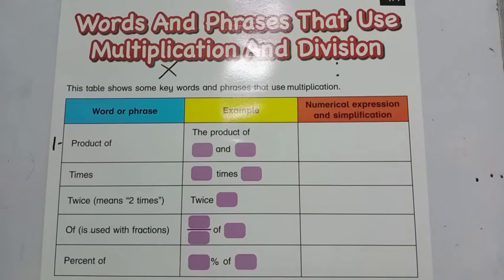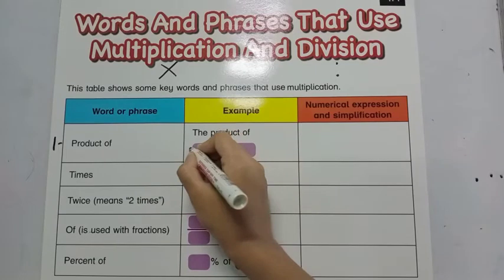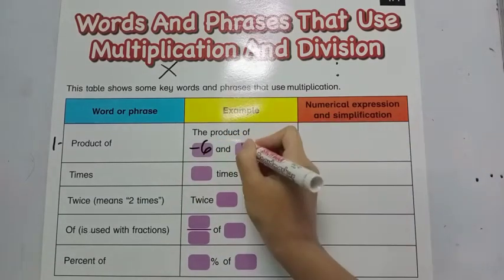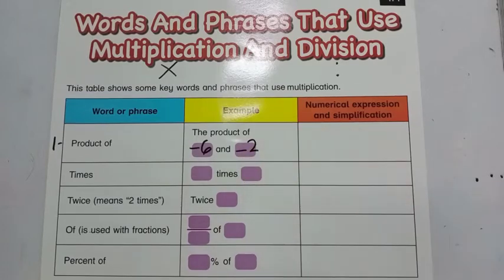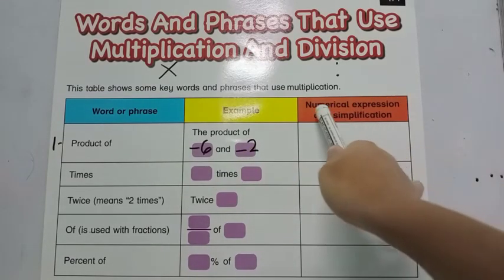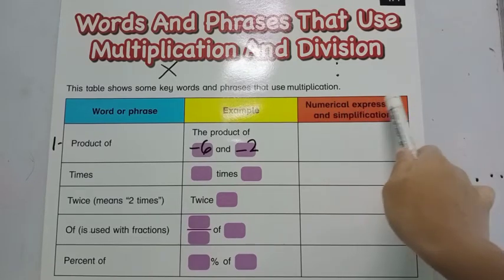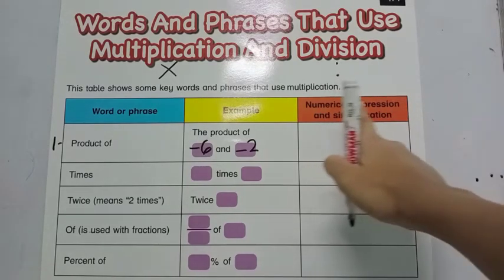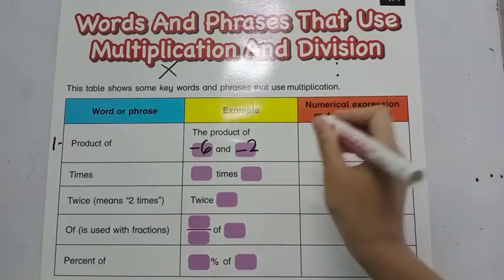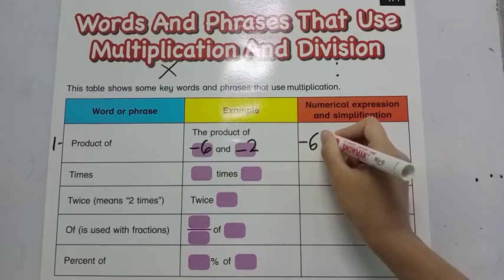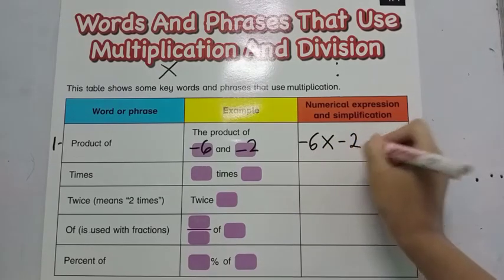For example, the product of -6 and -2. The challenge is to write the numerical expression and simplify. In numerical expression, we can write -6 times -2.